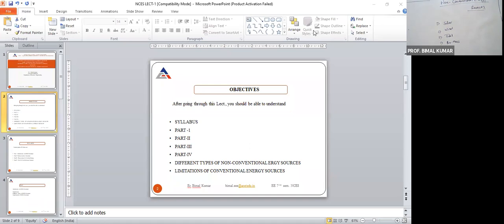In case of the conventional generator, there is an electromagnet or there is a permanent magnet, one north pole and another south pole, right?